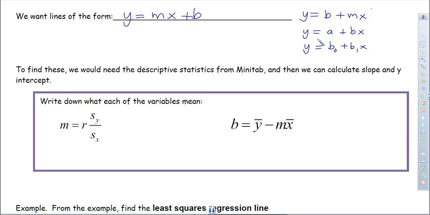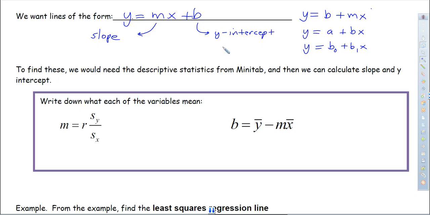This is how the OLI will look at it. This is how Minitab will output it. The calculator will do different things. So depending on what program you're using, it'll give a different output. But what's the key point? The number that's attached to the x, or the explanatory variable, is our slope. And the variable standing alone is our y-intercept.